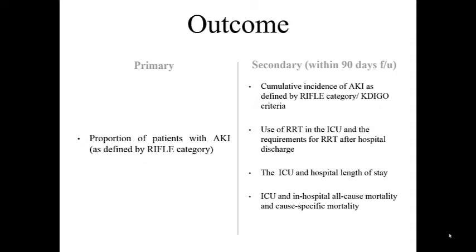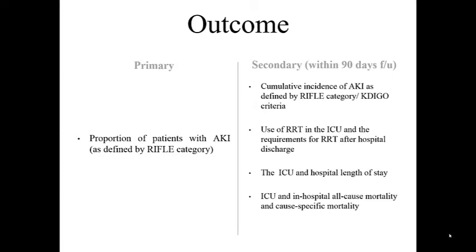If there is a doubling of the creatinine, it's an injury to the kidney, and if there's a tripling of the creatinine, then there's a failure, and the persistence of failure is called loss, and then so on with end-stage renal disease. However, in the KDIGO criteria, we define AKI as an increase of creatinine by 1.5, then 1.5 to 3 is stage 2, and more than threefold is stage 3 of the KDIGO criteria.